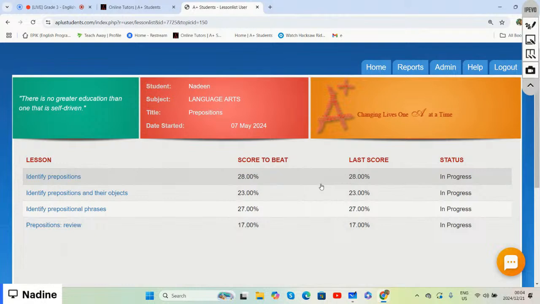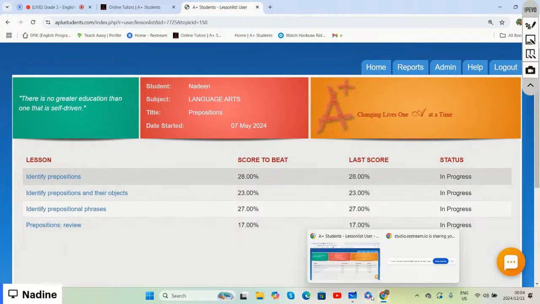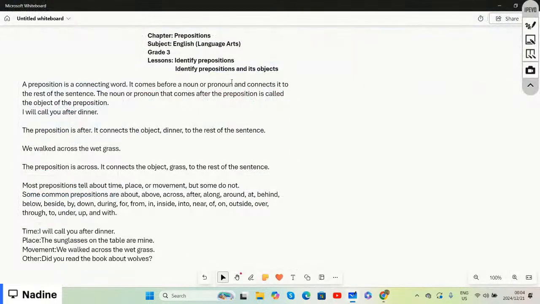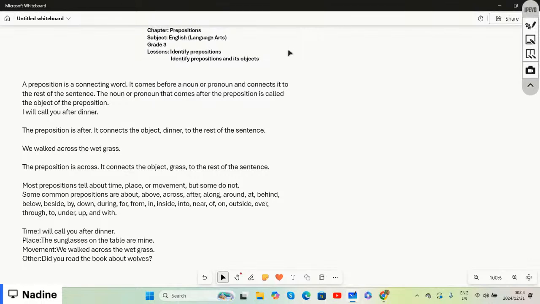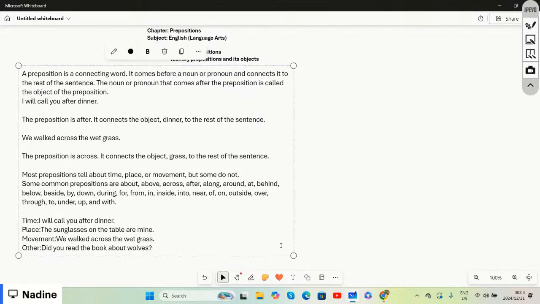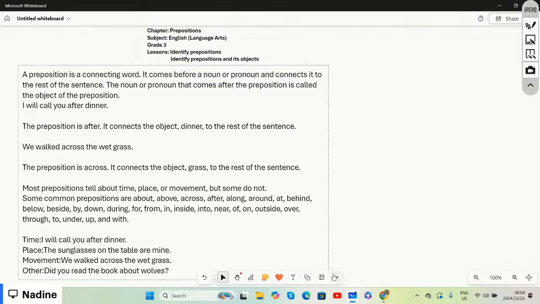All right. So our chapter is prepositions. Our subject is English Language Arts. We're doing grade 3.